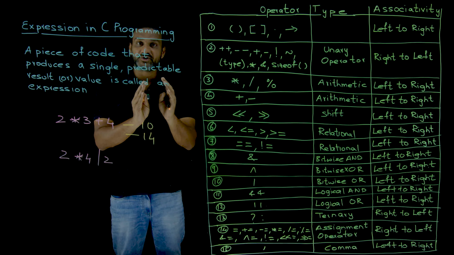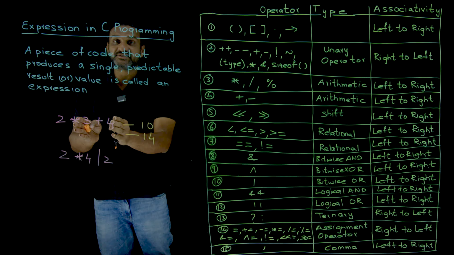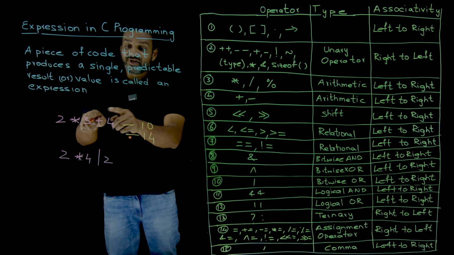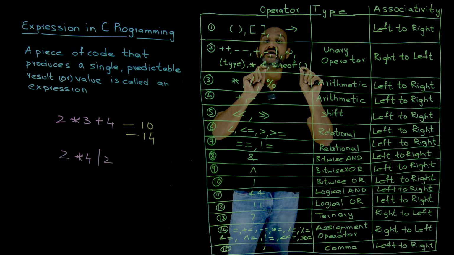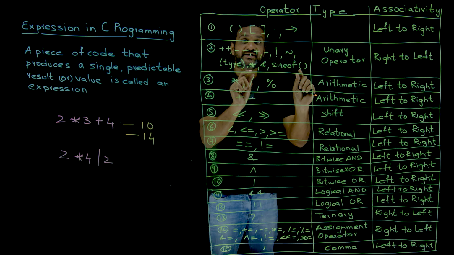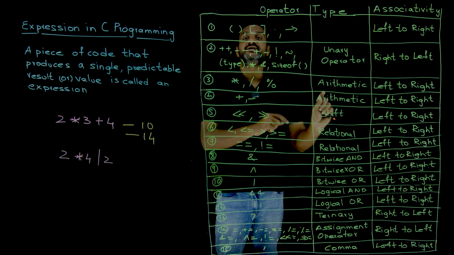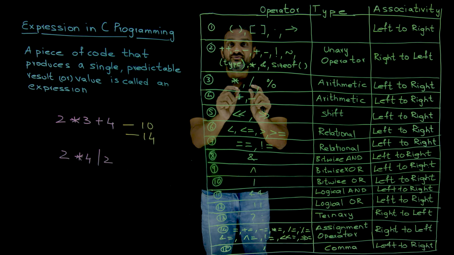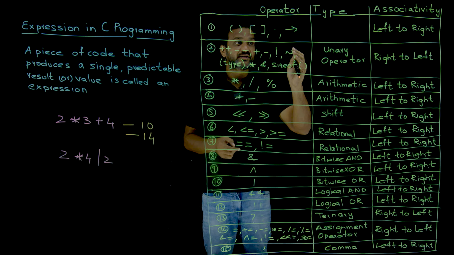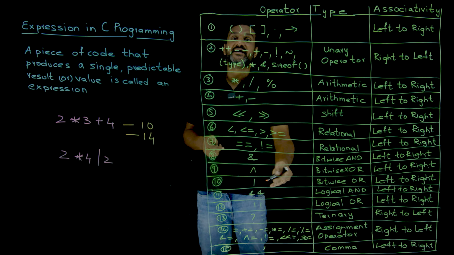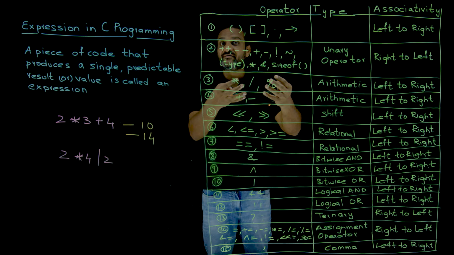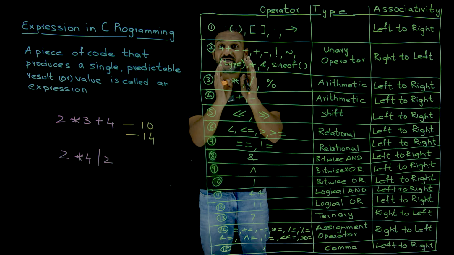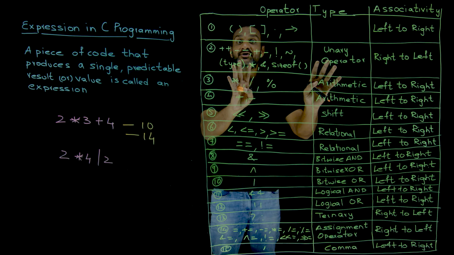How it produces that answer is that expressions in your program get executed by using this table. This table plays a very important role in any programming language, and it is called the precedence and associativity table. I request all of you to find a way to remember this entire table, because whenever you are solving placement exams or semester exams and have programming expressions to evaluate, you have to evaluate them by using this table.